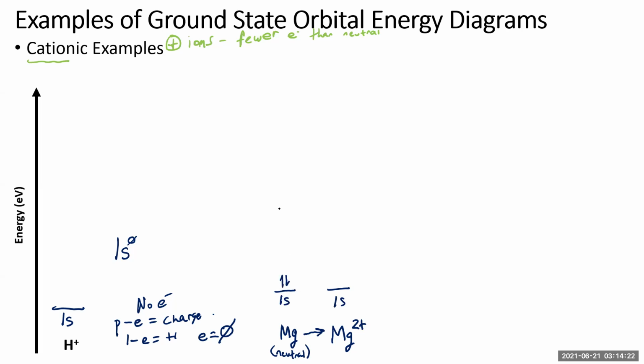1s, 2s, 2p. Remember, we draw 3 orbitals. 3s, and that's it, 3s. So we have 1s2. Magnesium is on the 3rd row, and it's in the s block. So we count the electrons. 1s1 is hydrogen, 1s2 is helium, 2s1 is lithium, beryllium.